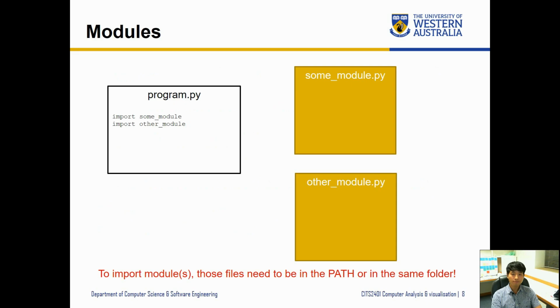Great. So let's have a look at how it's structured. If I have already written some modules, for example, some_module.py and other_module.py, essentially I can save that inside the same folder if it's manually written.